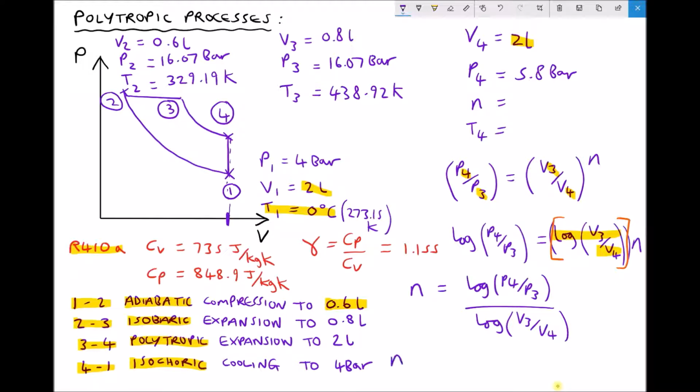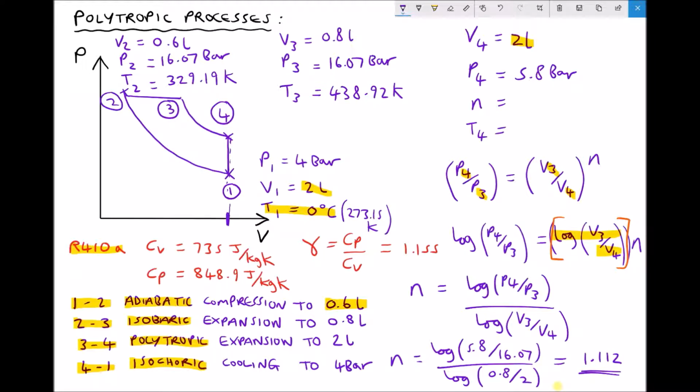And I get the following: N equals log P4 5.8 over P3 16.07 over log V3 0.8 over V4 2 litres, and that gives us a polytropic index equal to 1.112. That index doesn't carry any units.